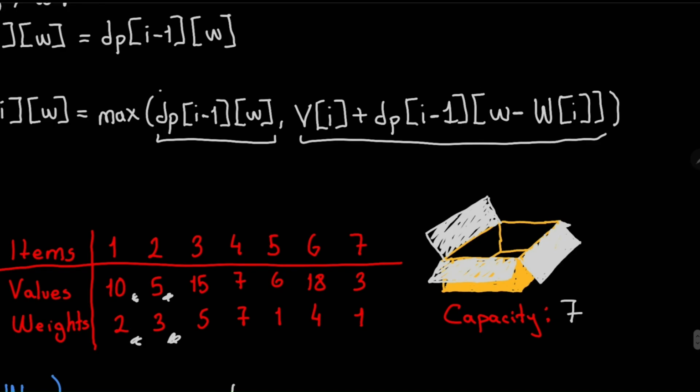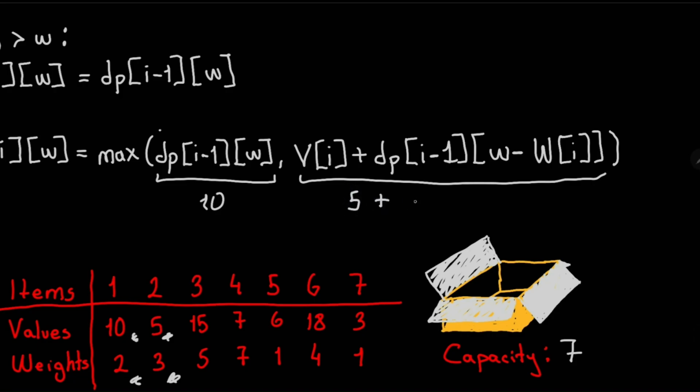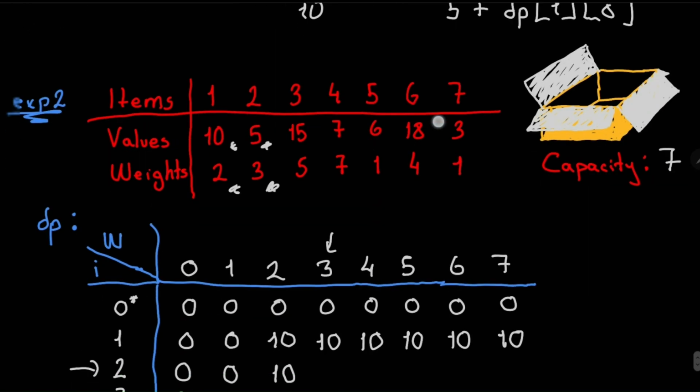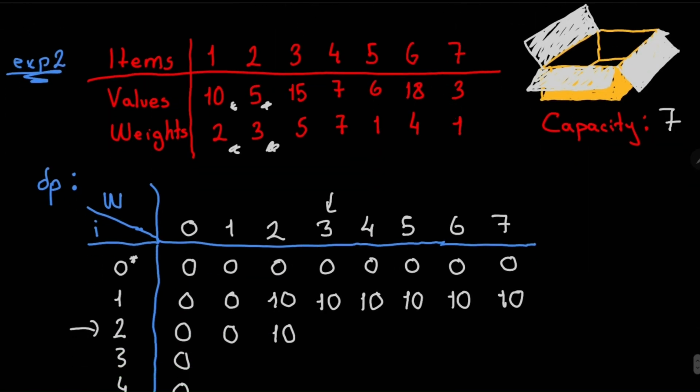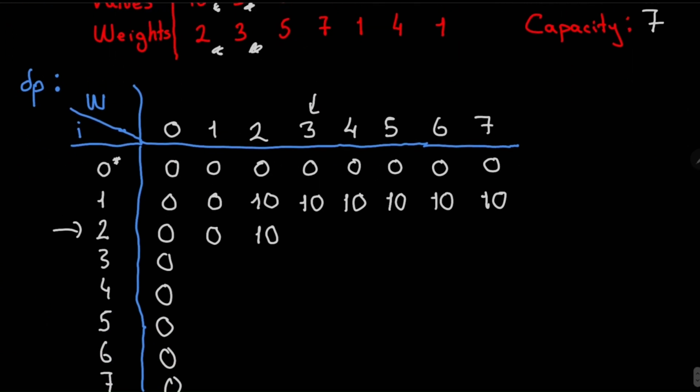So, the previous row is 10, 5 plus dp 1, 3 minus 3 is 0, so this one right here. So this whole expression will be 5. However, since 10 is greater than 5, that means we are not taking the item of 2. So we are directly taking the previous row.